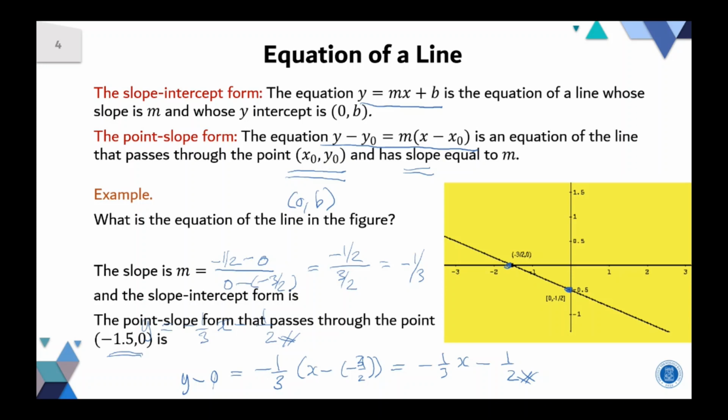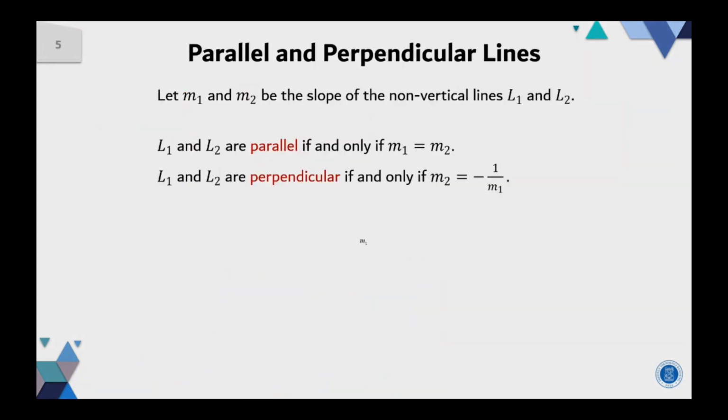So it depends on you which form you like best, but I remind you that the second one is a more general form. Okay, so that's the equation of a line. And if we have two lines, we can have two conditions for the two lines. The first one is they are parallel, and the second one is they are perpendicular to each other.